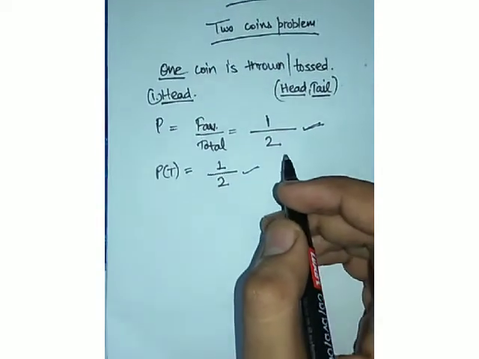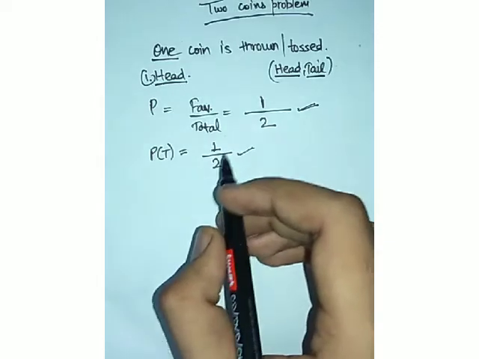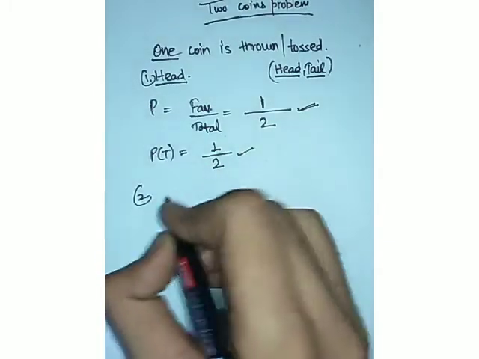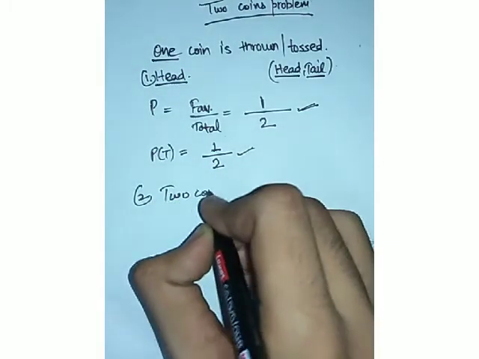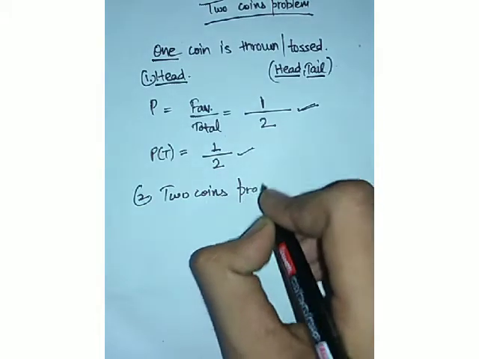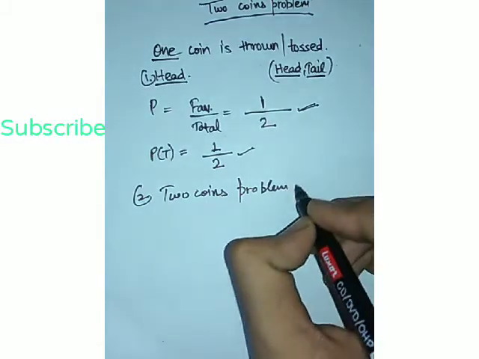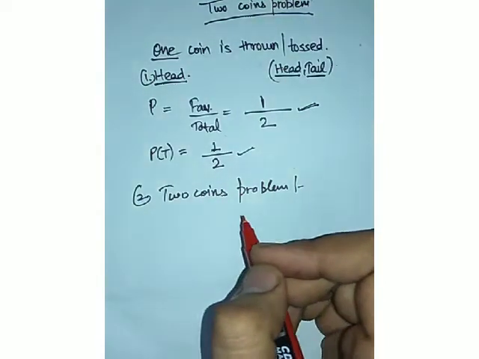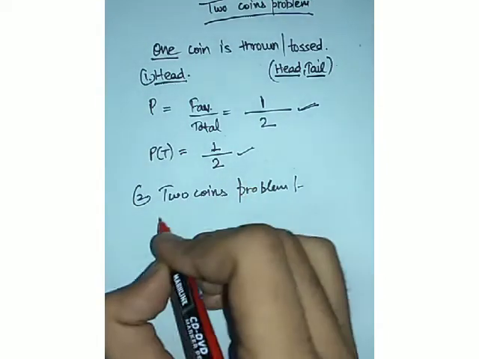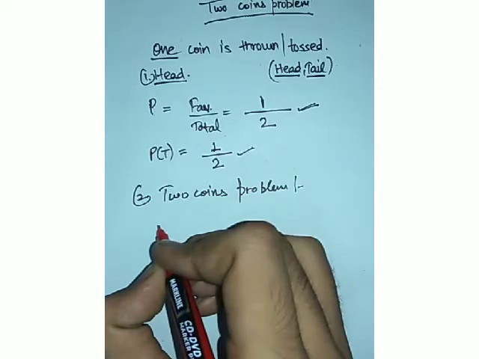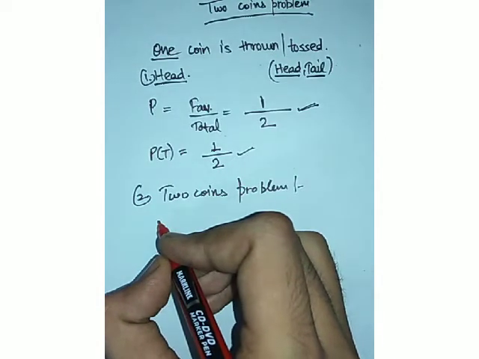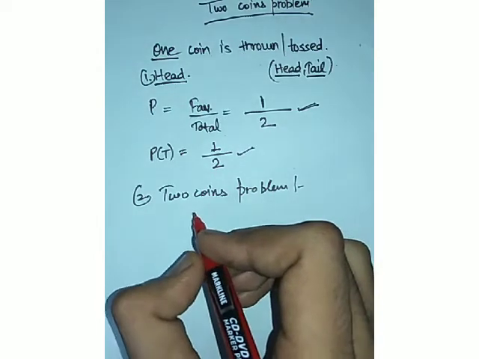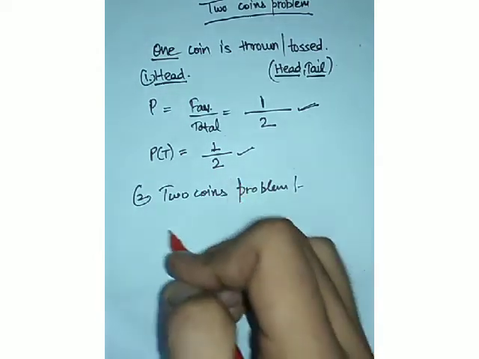So, two coin problem. Now for example, two coins are tossed. As we have done in the previous video on how to write the outcomes of two dice, we have to write the outcomes of two coins first.